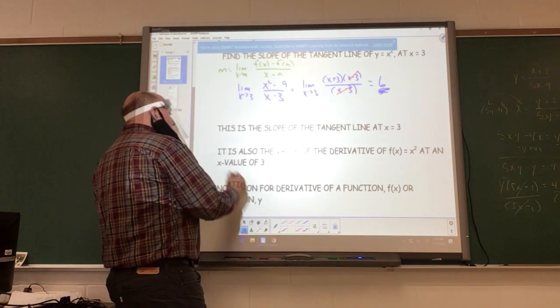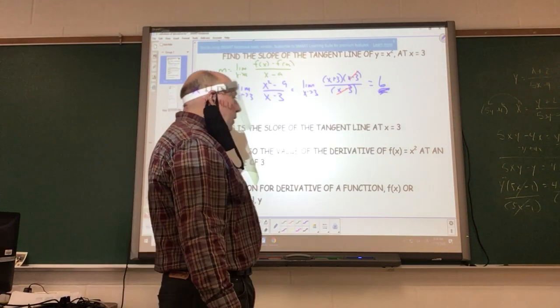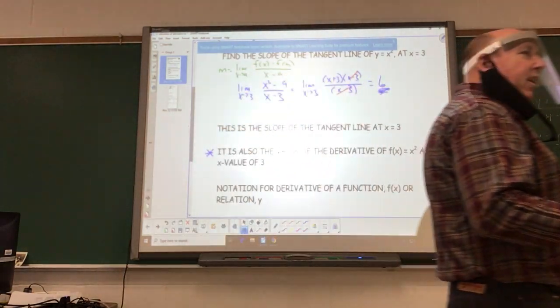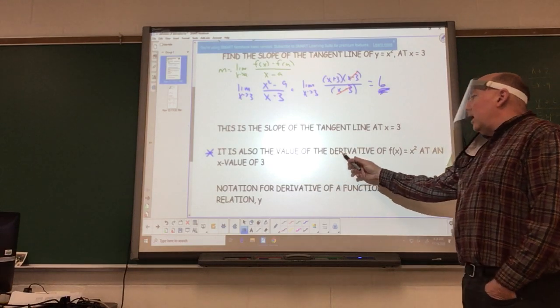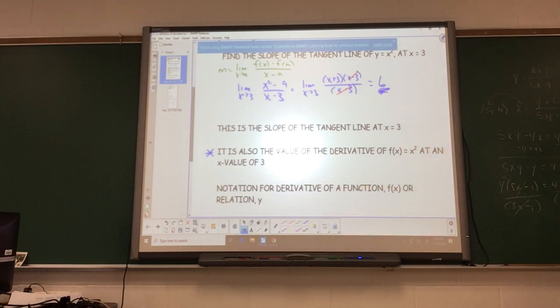What this is also called is the value of our derivative of our function at x equals 3. There is a double meaning to this. Yes, it's the slope of the tangent line at x equals 3. It is also the value of the derivative of f of x at x equals 3.